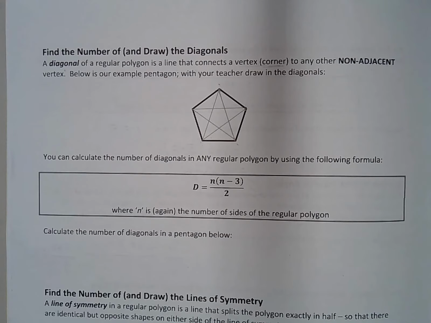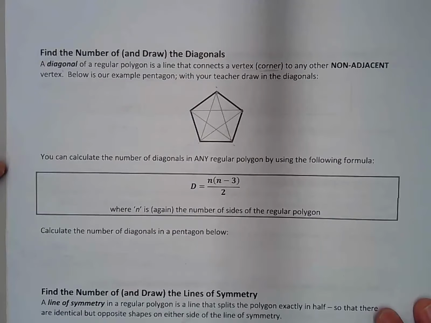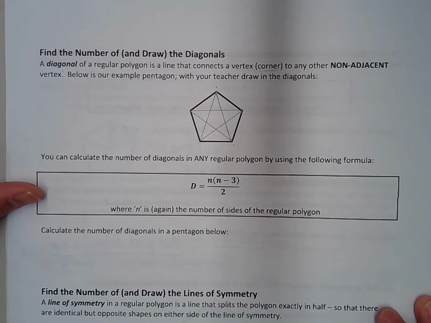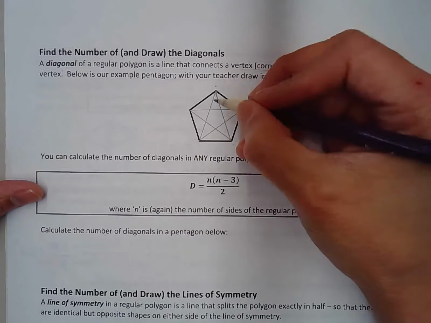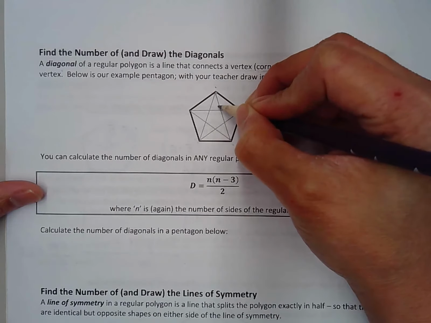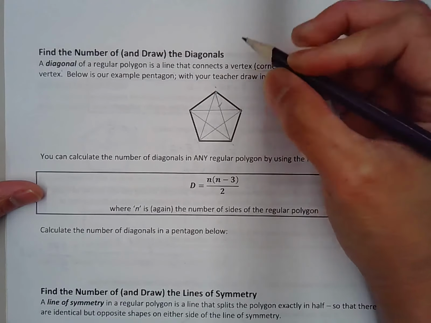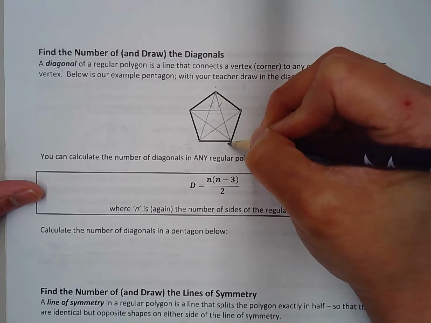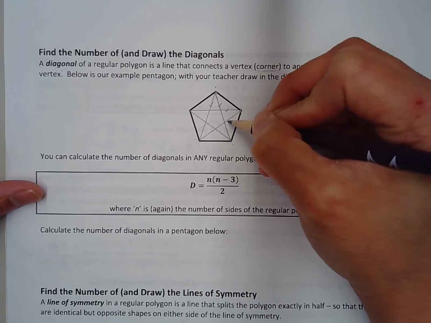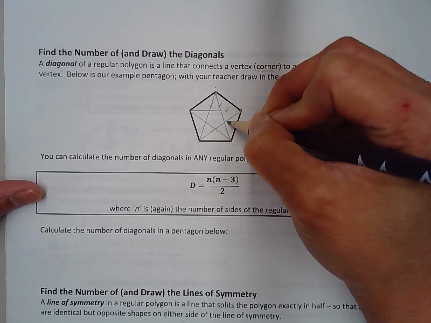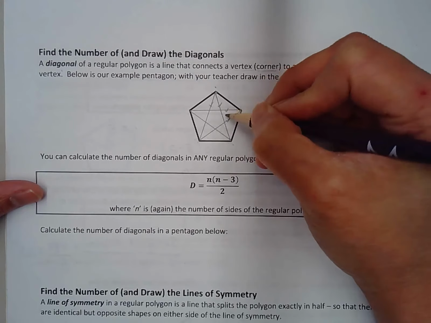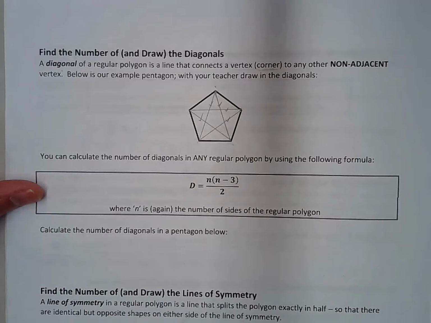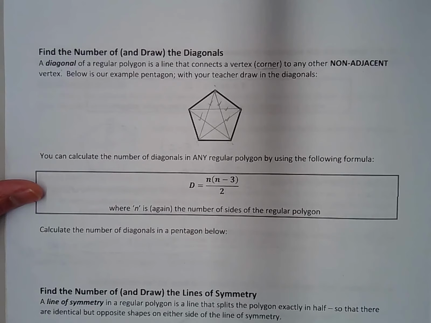So how many diagonals is that? Did we keep track? How many is that? 1, 2, 3, 4, 5. 5 diagonals.